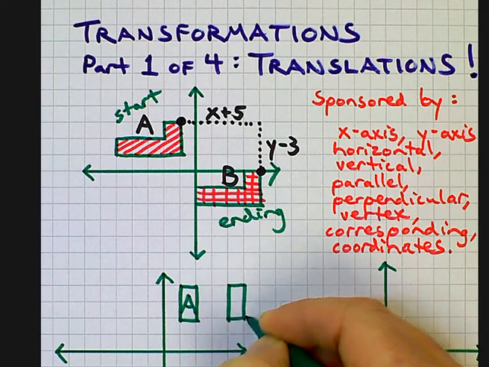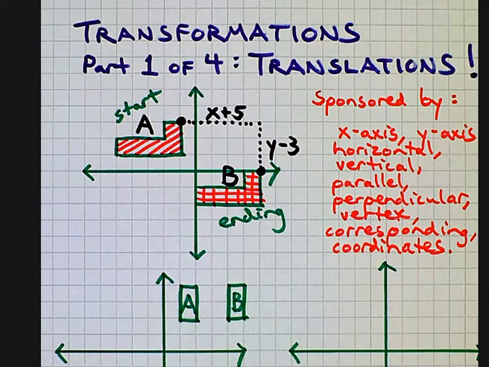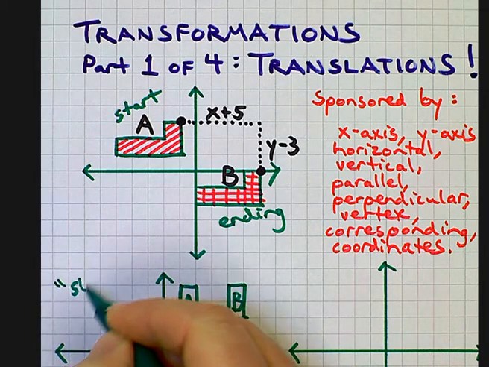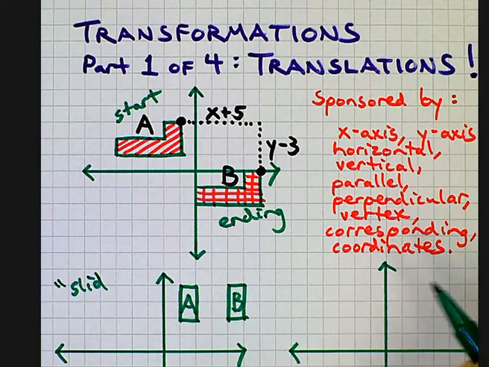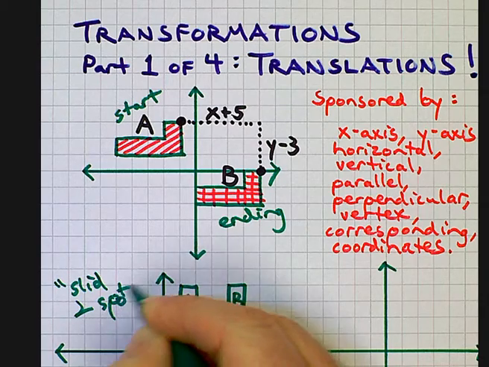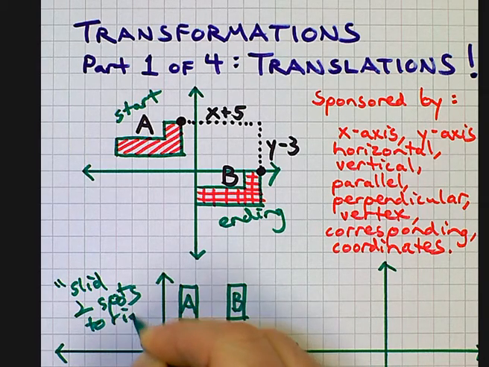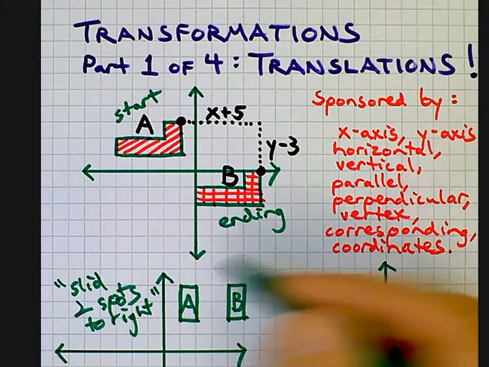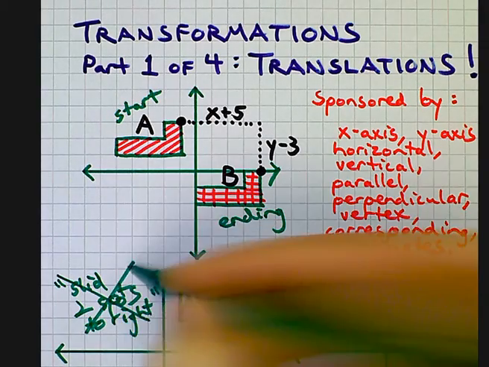Let's start with an easy one. What translation happened here? Well, you might say it slid 2 spots to the right. Now that's great casual language vocabulary, but a couple things here. First of all, it's wrong.